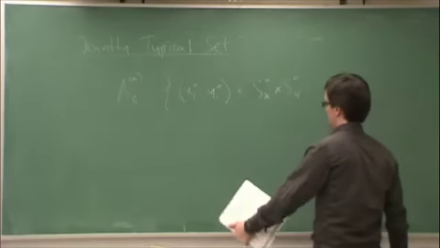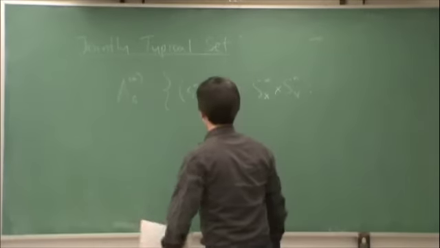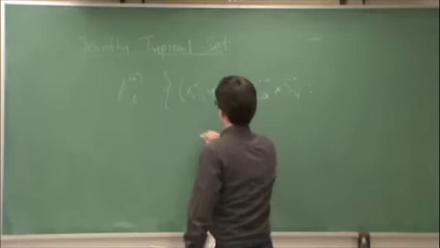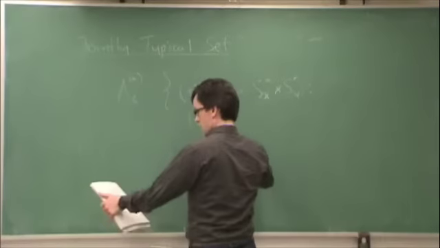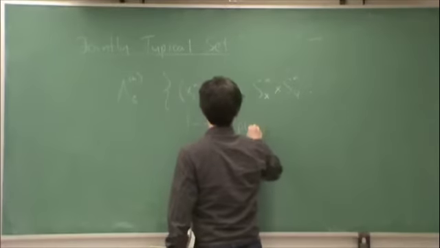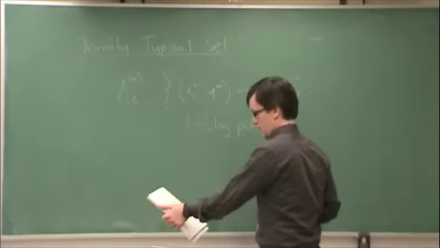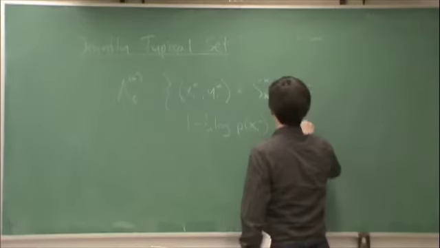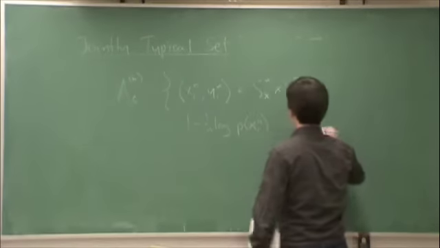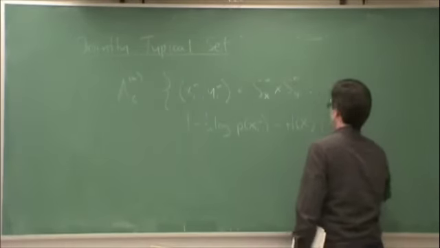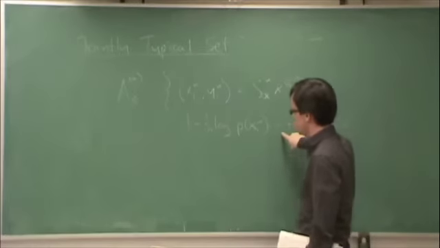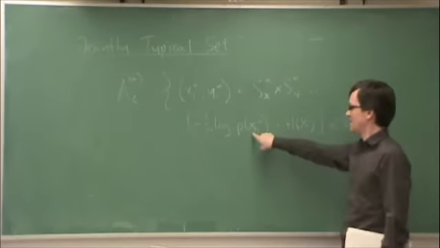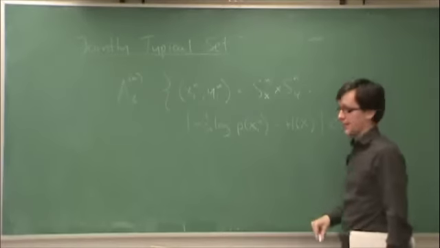So mathematically what I mean by that is this, such that the magnitude of minus 1 over n log p of x1 to n, minus H of x, is less than epsilon. So remember, this is the criterion that says that x is itself typical. Basically what this means is that the probability of x is close to average.